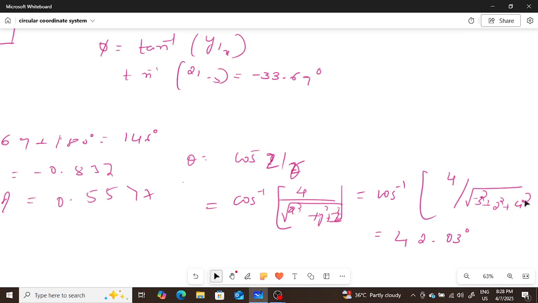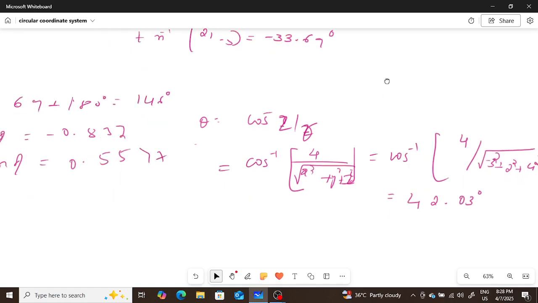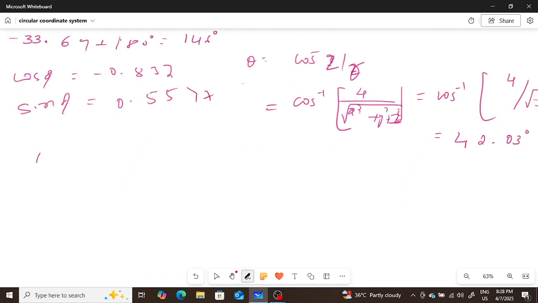Now you should find cos theta and sin theta. Cos theta will be 0.7428 and sin theta will be 0.6695.